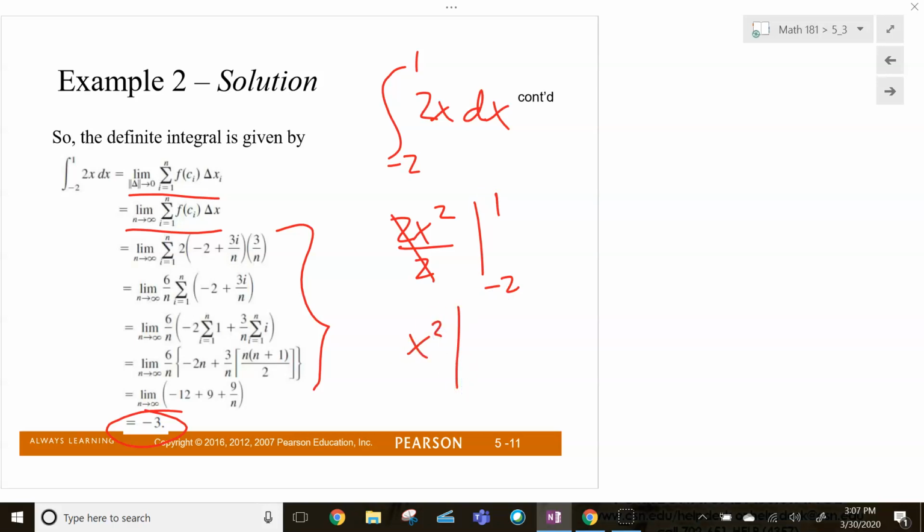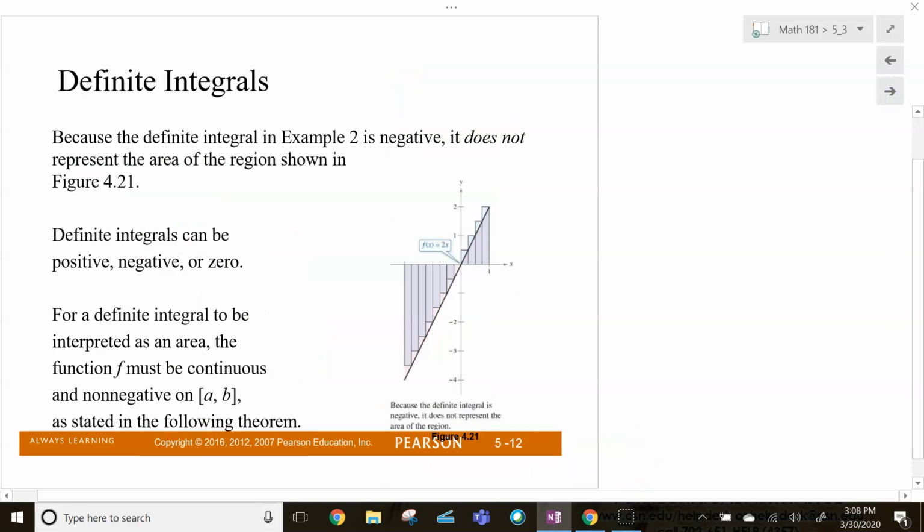Our integral is x squared. Now we plug the 1 in, and then we plug in the -2, and we subtract the two. So 1 minus -2 squared, which is 4. 1 minus 4 is -3. See how much easier that is? Now we don't have to run through this limiting process every time. Okay? Of course we can.